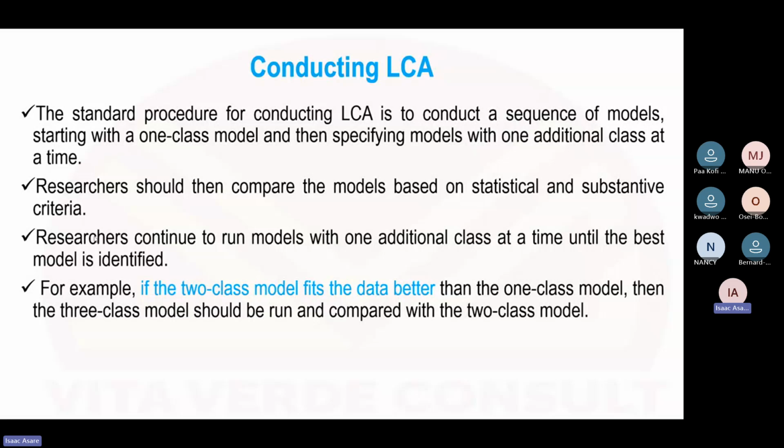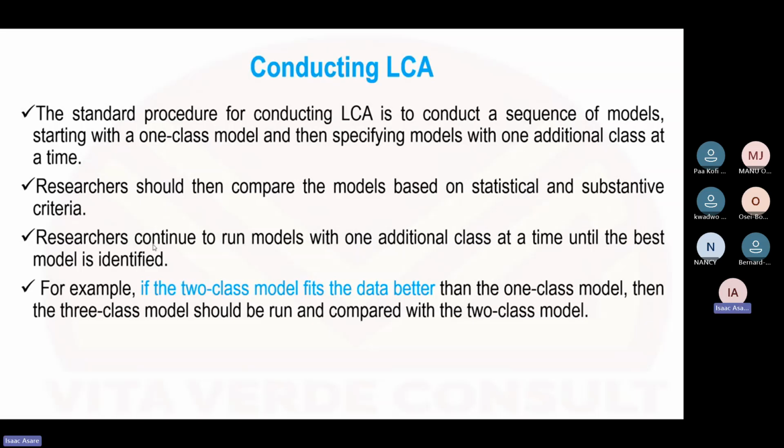So, for example, if the two class model fits the data better than the one class model, then we say that the 3 class model should be run. Let's take note: if you want to say that class 2 is the best, it means you have done class 3.